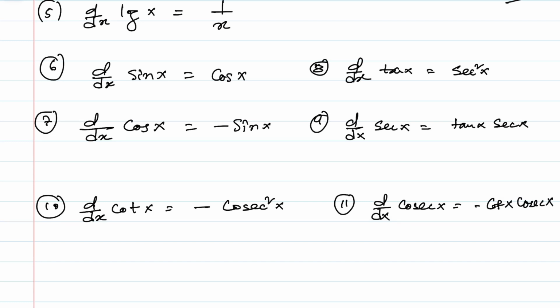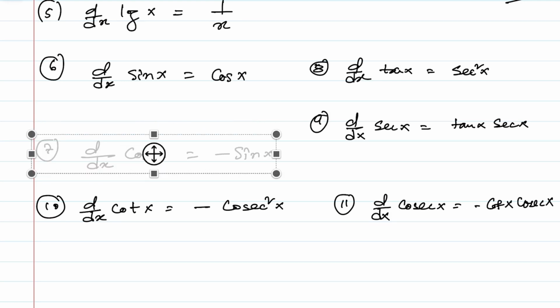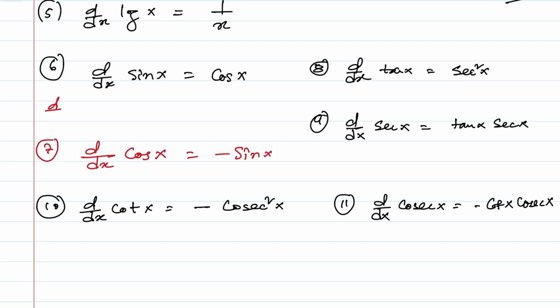Along with those, you must also remember this. Derivative of sin mx, where m is any constant, is going to be equal to m cos mx.